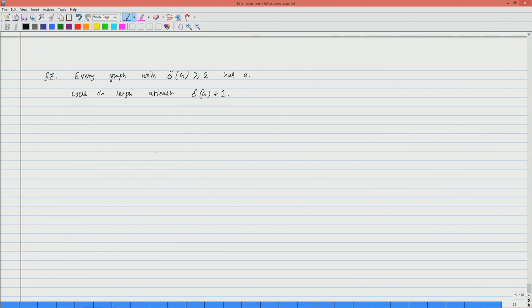Delta G, if you can remember, is the notation for the minimum degree of the graph G. It is a good problem. So, the minimum degree is given to be greater than or equal to 2, which is delta G, then there is a cycle of length at least delta G plus 1 in the graph G. So, how do you prove this?